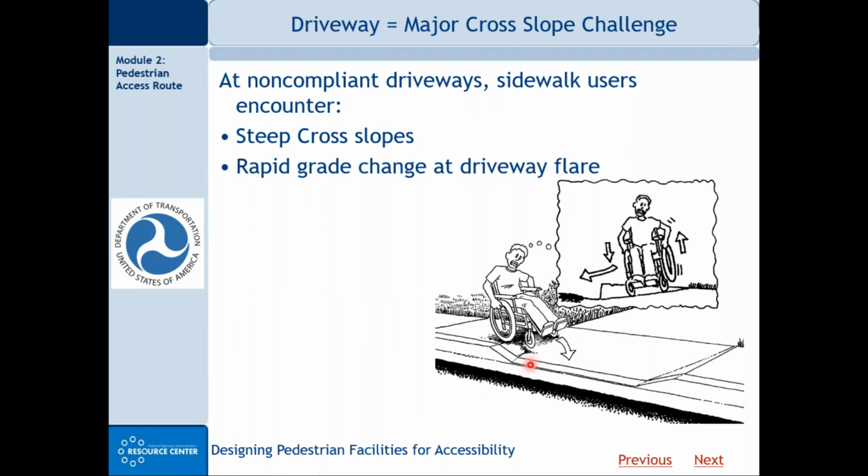The chair could tip over or flip over, and so it's not a good thing. You'll see this in the next video, probably in the next hour or so this morning. So our designs, whether it's a driveway or anywhere, should be such that all 4 wheels of a manual wheelchair are always on the ground. So keep that in mind. But as you see here at this driveway, that's not the case. And you'll see it in an example in the video as well.